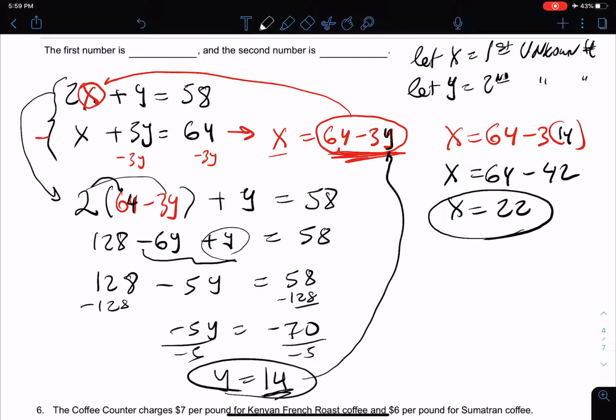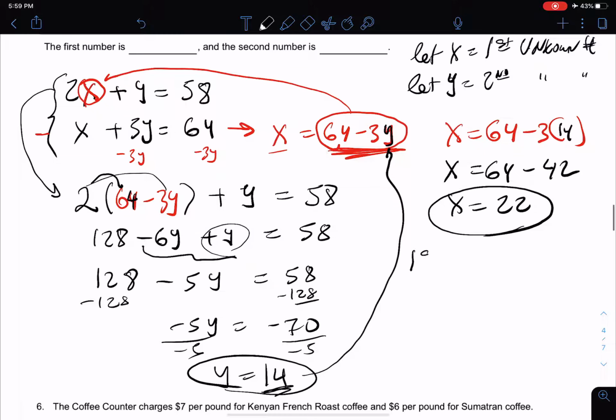Okay, so we figured out the first number. x was our first number, so 22. And our second number is 14.